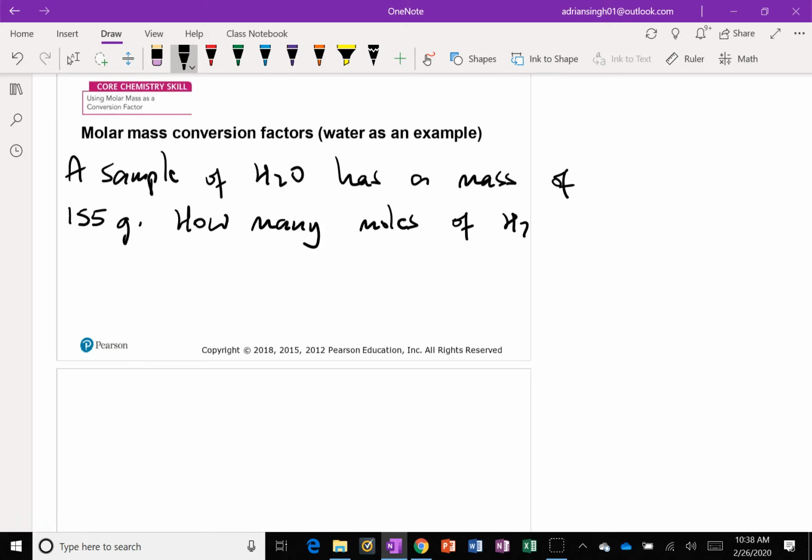How many moles of H2O are present? All right, so we'll use some of the numbers we calculated from a couple of the previous questions that we practiced with.